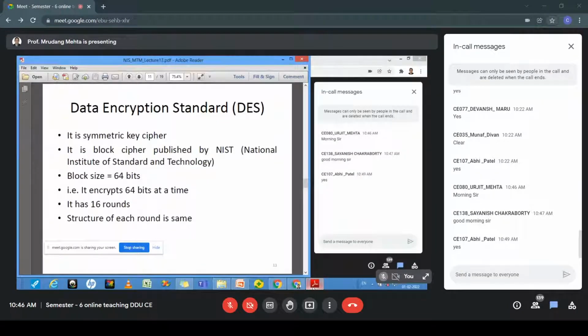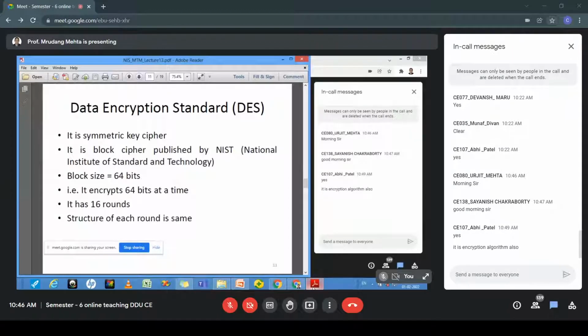So what is this DES? It is a cipher, an encryption and decryption algorithm. Yes, it is 64-bit and it is a block cipher.